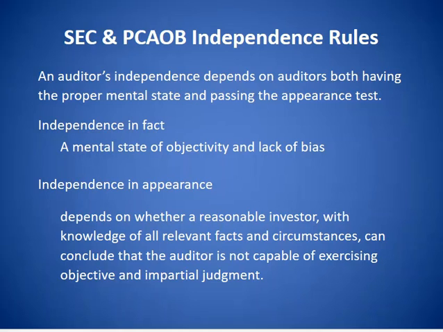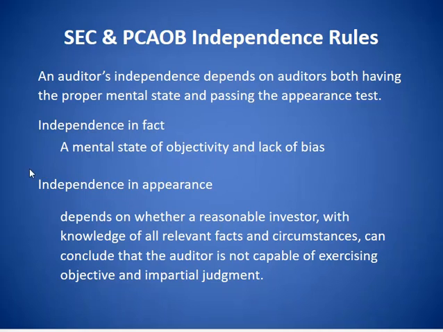And what they say is an auditor's independence depends on the auditor both having the proper mental state and also passing the appearance test. And here we talk about the mental state being independence in fact. In other words, the CPA has to have a mental state of objectivity and a lack of bias.